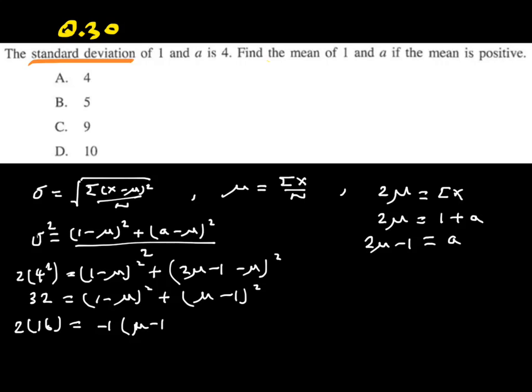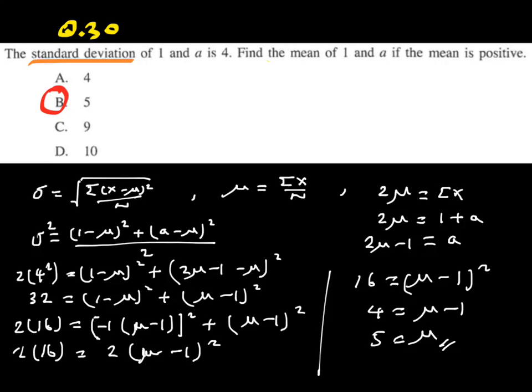So take out the minus 1, put a big bracket, all squared. Now if we follow through, what we can see is that mu minus 1 all squared times 2 is equal to 2 times 16. So very quickly, we could work out the algebra. We square root both sides, and then we get 4.